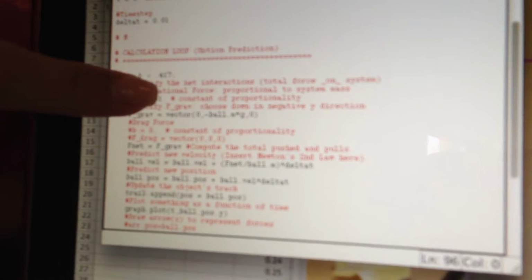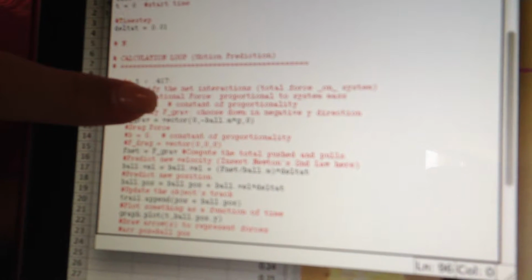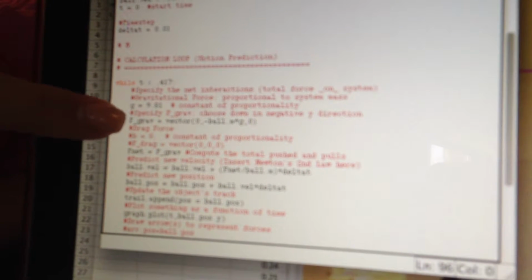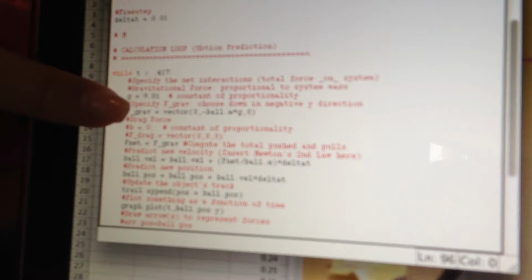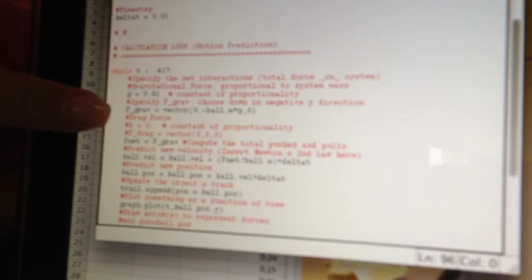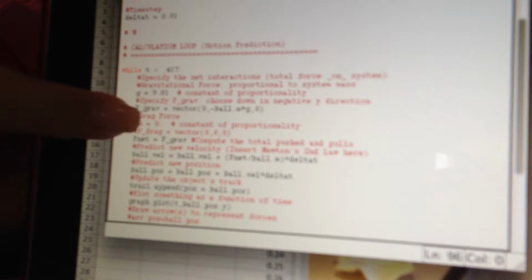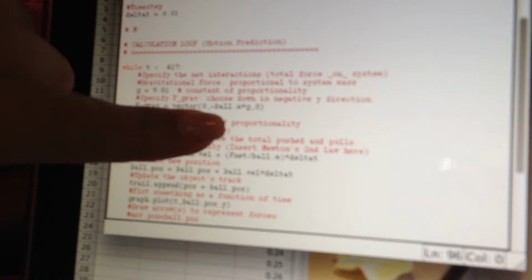My time was 0.417 seconds, which is what I had gathered in my Tracker data. Pretty much, this model is going to show the gravitational force, which is equal to 9.81, and my f-grav vector is just 0. The negative ball that's falling over here in this program.